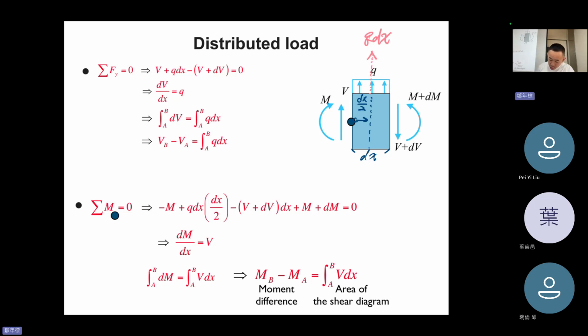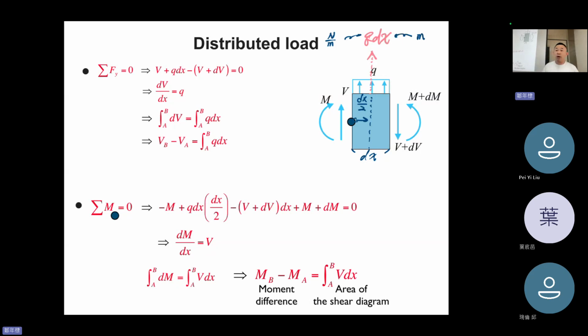Again, I will remind you the dx is a length scale, and the Q here has units of Newton per meter. So now you have the effective force Q dx, and you have V and V plus dV, M plus dM. So this element needs to be stable.